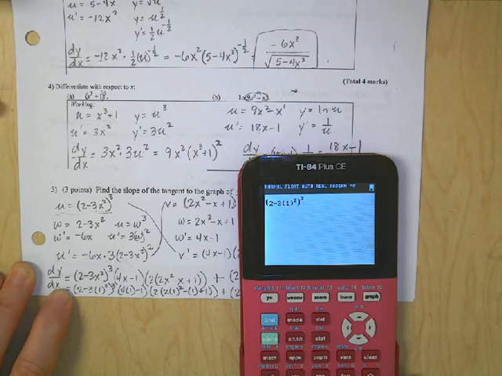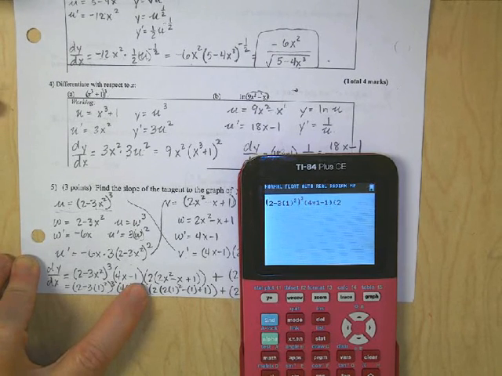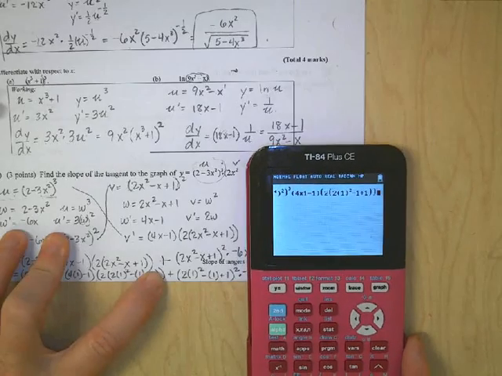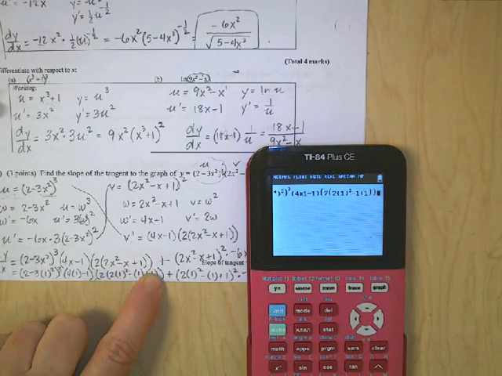Times parentheses, 4 times 1 minus 1, close parentheses, open parentheses, 2, open parentheses, 2, open parentheses, 1, close parentheses, squared, minus 1 plus 1, close parentheses. Okay, that should be the first part. Let's go ahead and get that.